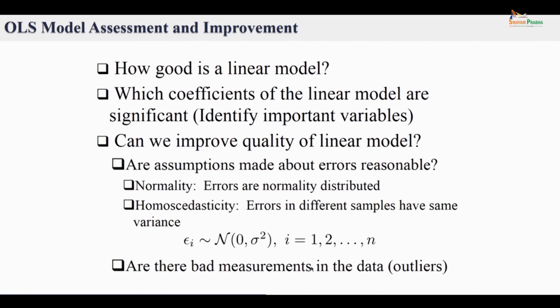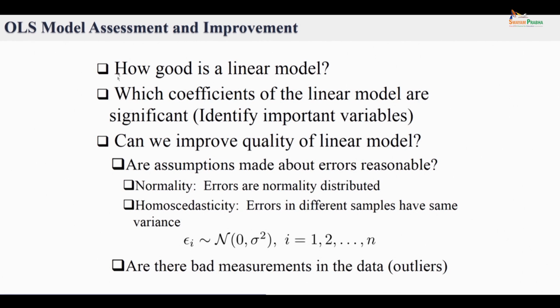So, we want to remove such bad data from our data set and improve, maybe fit a linear model only using the remaining measurements, and that will improve the quality of the linear model. So, these are some of the things that we need to actually verify. These assumptions what we have made about the errors, whether they are reasonable or not, if there are bad data, can we remove them or not.